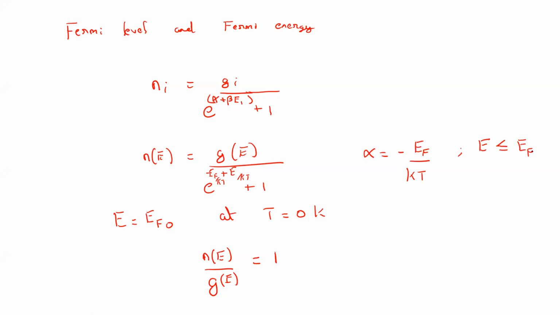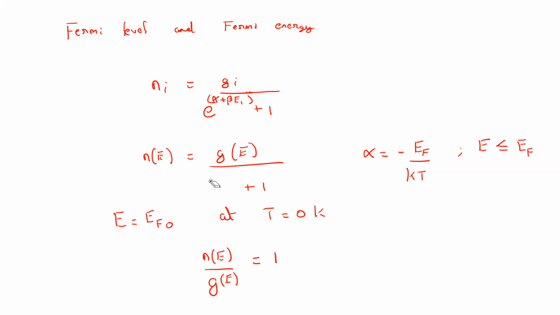Okay. So now notice that T is equal to 0, therefore this entire term will become infinity, and therefore you will get back this condition. So e to the power of minus infinity is nothing but 0.